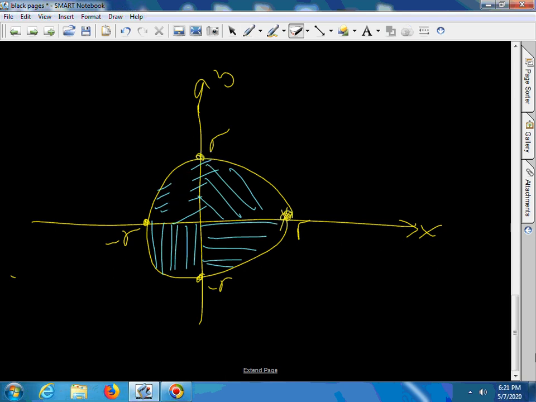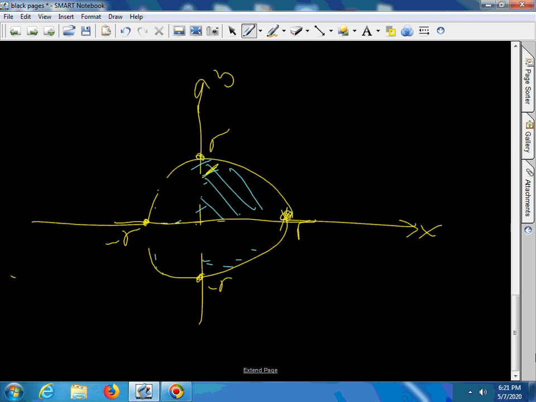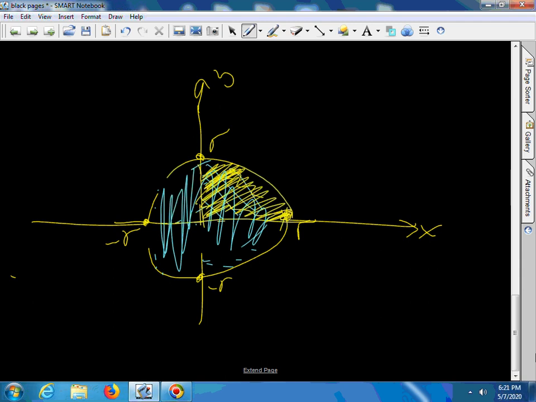In other words, one can find the area of just one of those pieces, for argument's sake, the one in the first quadrant. We can find the area of this, and then multiply it by 4, and then we would get the area of the whole circle.